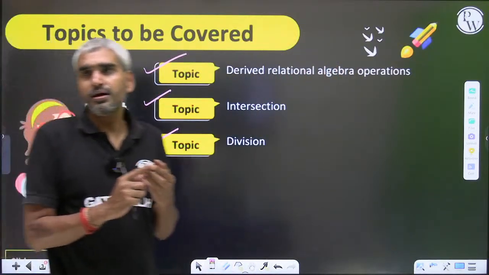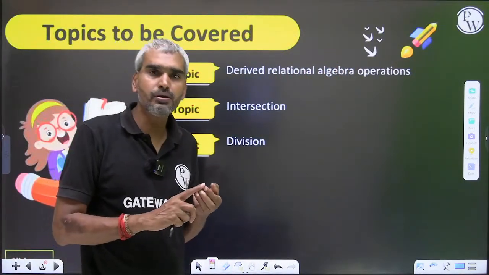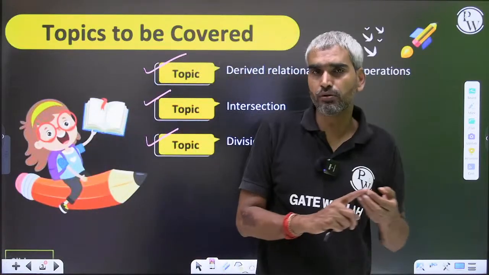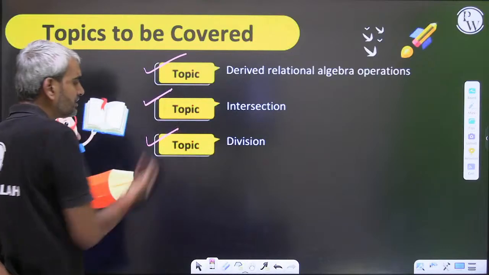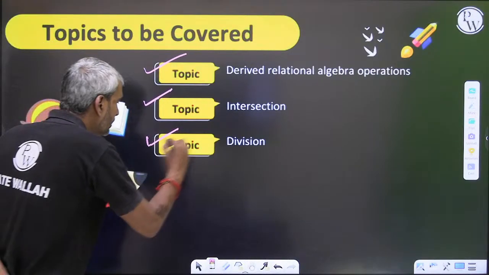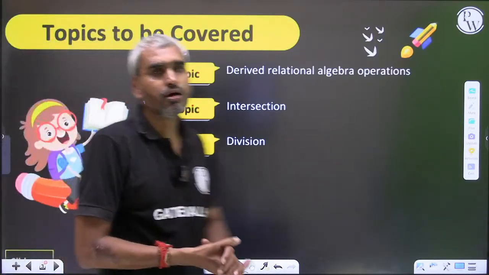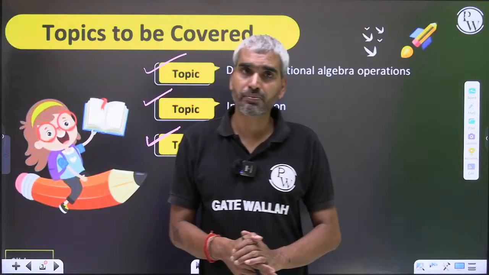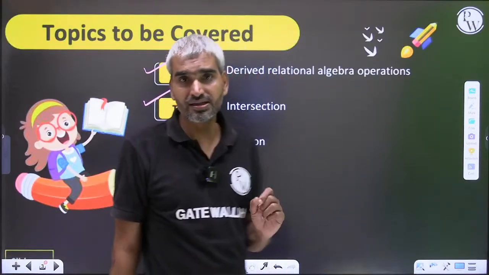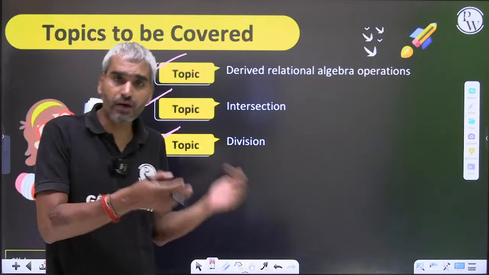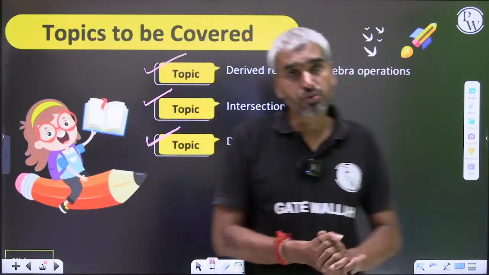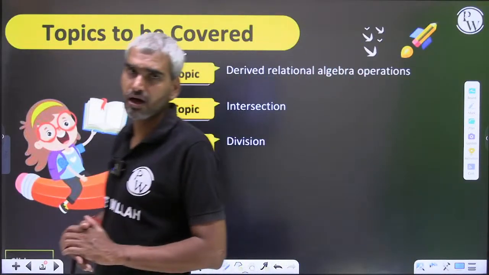But in 1 hour, we will not be able to complete all three. Therefore, in today's session, I'll just give you the introduction of intersection, and we'll basically cover the division operation of relational algebra. It is very important to understand how exactly the division operation works and how exactly it is derived using basic relational algebra operations.